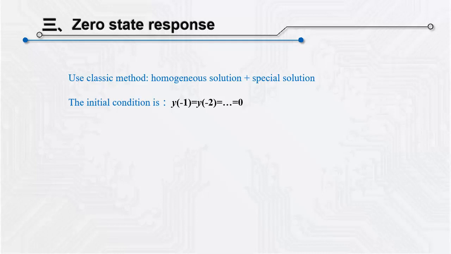Its solution method is based on the classical method: the homogeneous solution plus the particular solution. So we can follow the classical solution that we saw in the last video to discuss how to solve the zero state response.